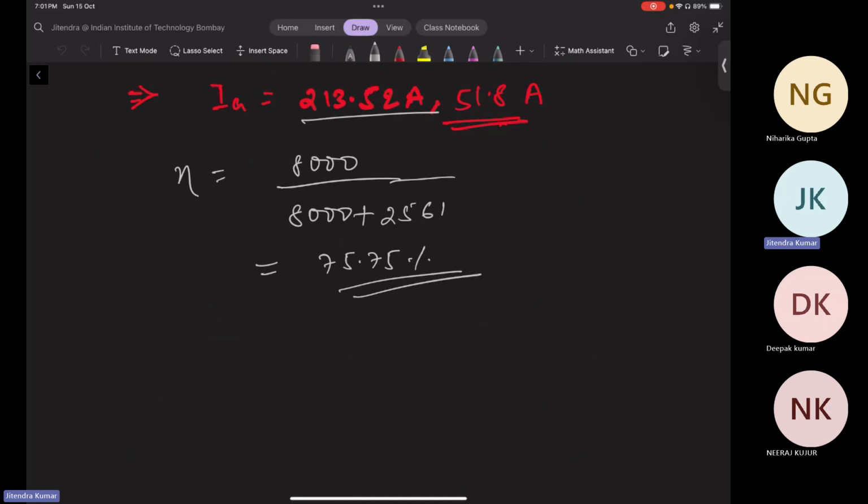It is a kind of regenerative test where two machines are coupled with each other. Do you have any idea about Hopkinson's test or not? Sir, please explain a little bit. Okay.